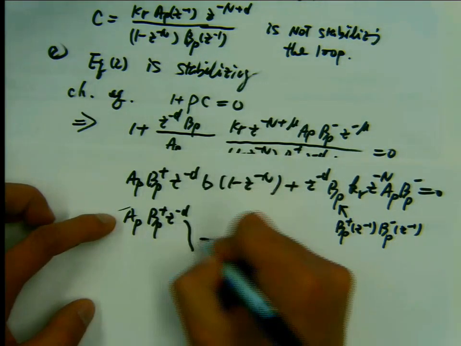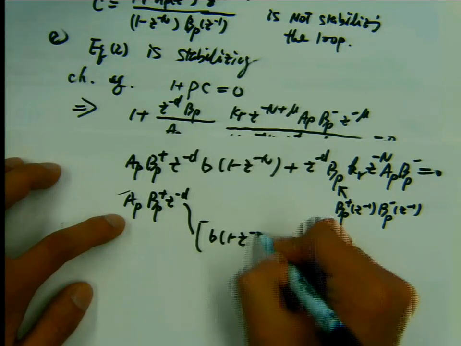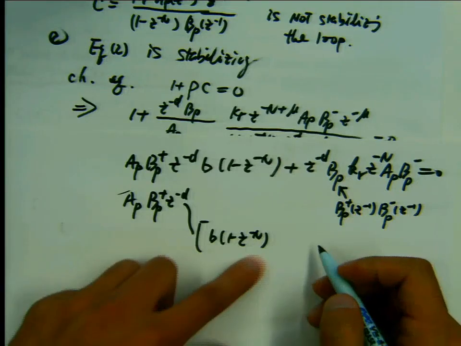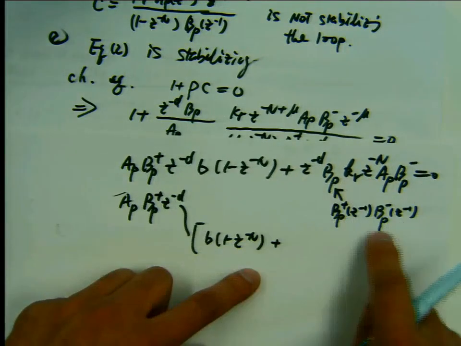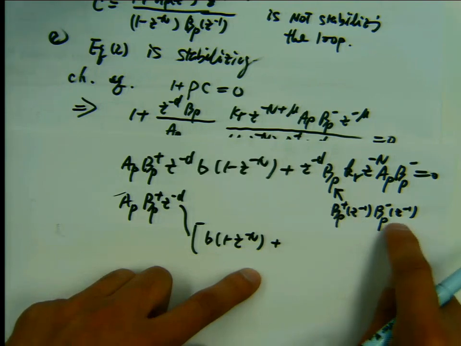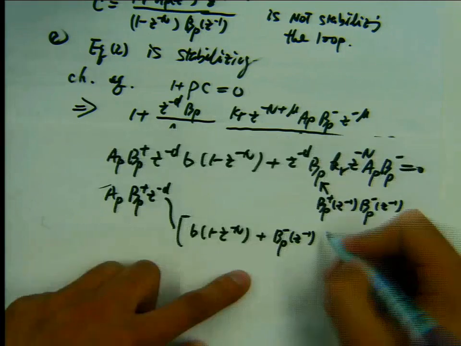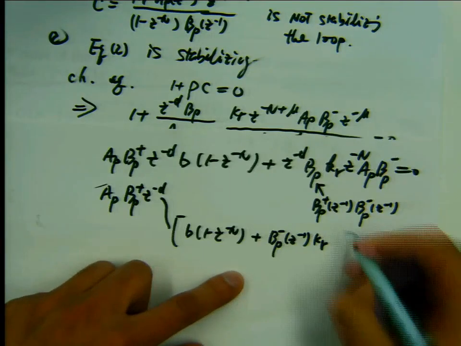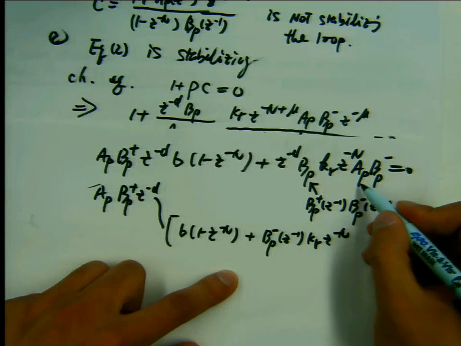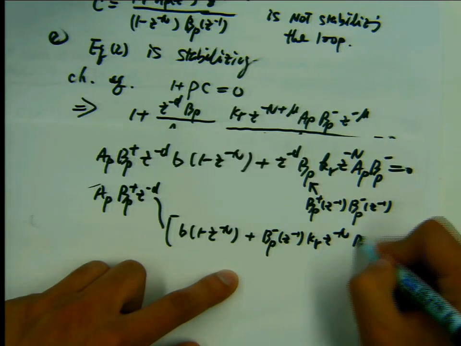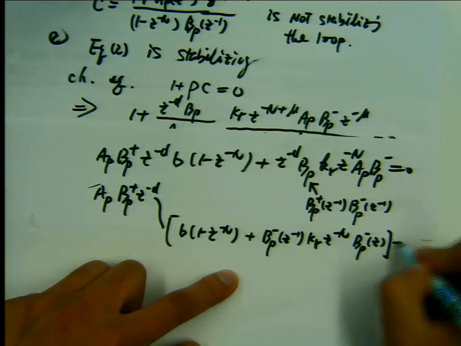Inside, I'm going to have B, 1 minus z negative n, plus this guy factored out, so I have 1 BP minus term remaining here. And then I have KR, I have z negative n, I have AP factored out, and I have BP minus. Be careful, this BP minus is this guy.